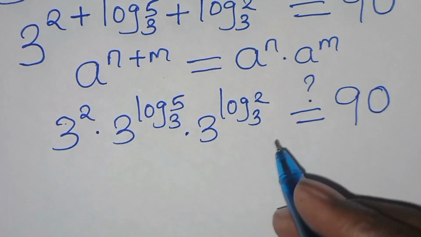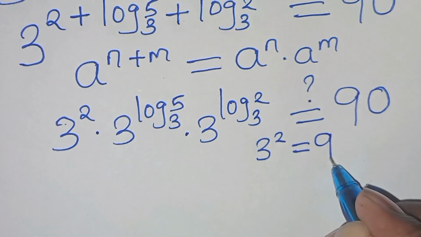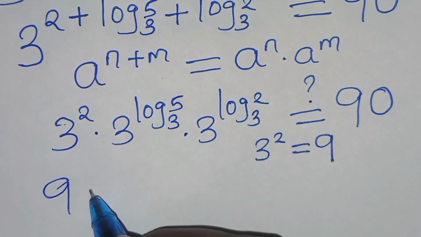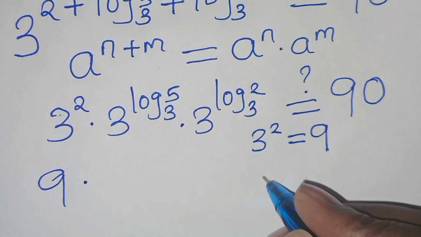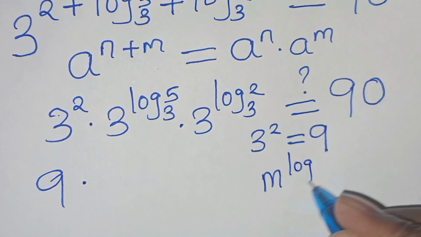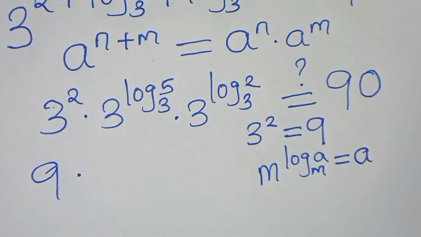Now, the next step is that 3 to the power 2 is the same thing as 9. So we have 9 times 3 to the power log 5 to base 3. This is in the form of m to the power log a to base m, which is supposed to give us a value of a.